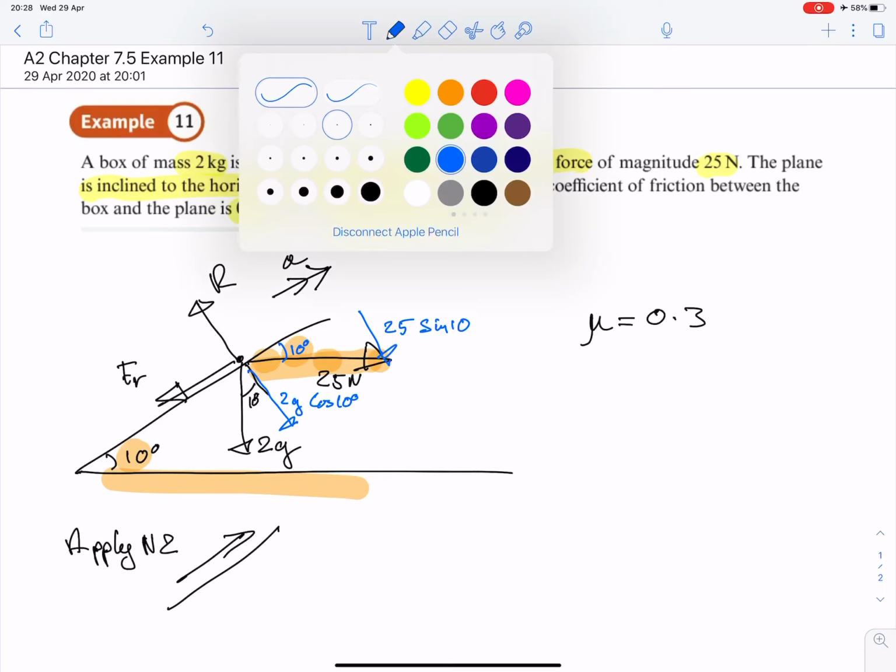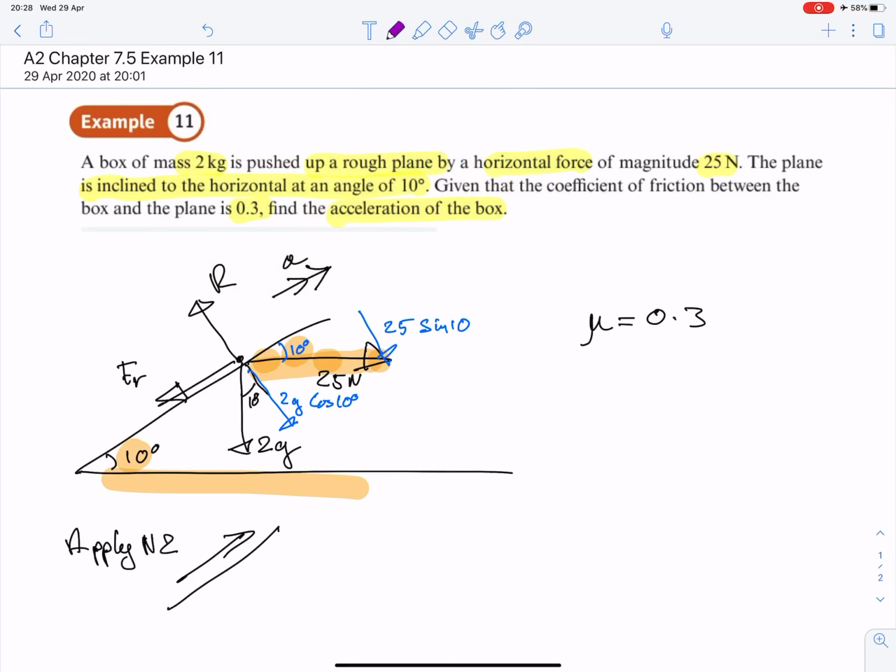Okay, now let's work parallel to the plane. Here, the two forces, remember, add up to make the magnitude. And we get 2g opposite, so it's going to be sine of 10 degrees. And here, it's next to, so this is 25 cos of 10 degrees.